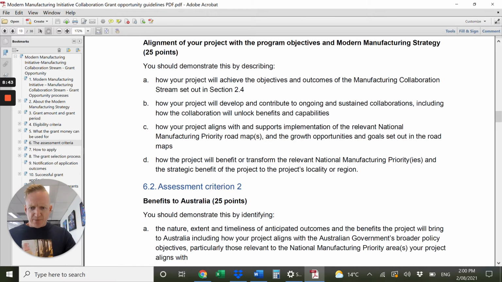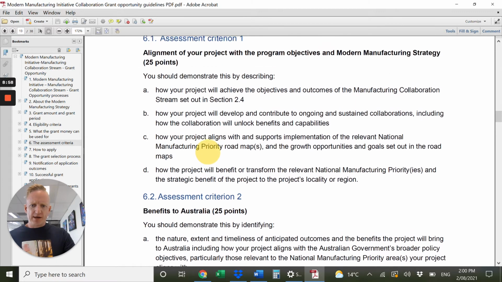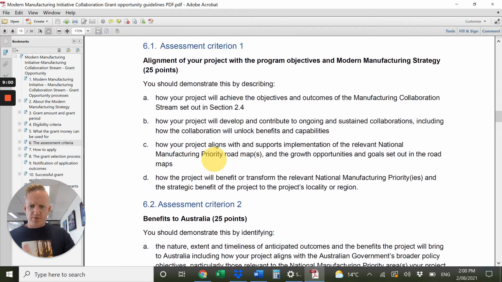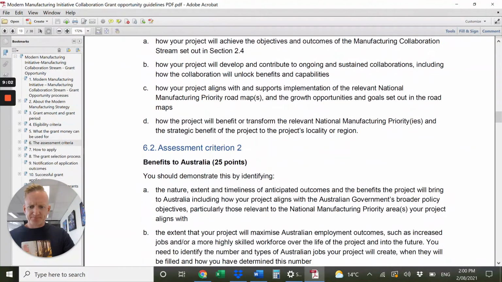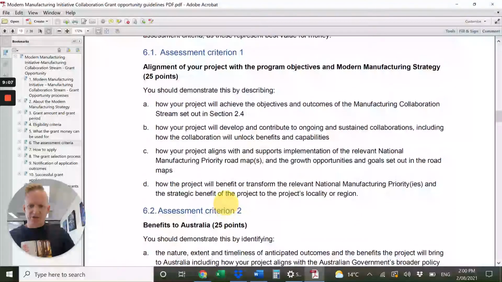Okay, how the project will benefit or transform the national manufacturing priorities again. So how are you going to elevate or transform those key areas of the priorities? So that accounts for a quarter of the scoring that you're going to be getting. Okay, now the benefits to Australia. So that would be obviously the benefits to the network.